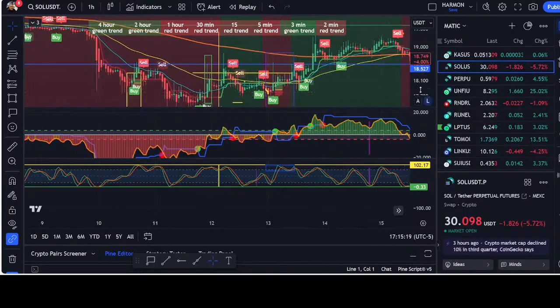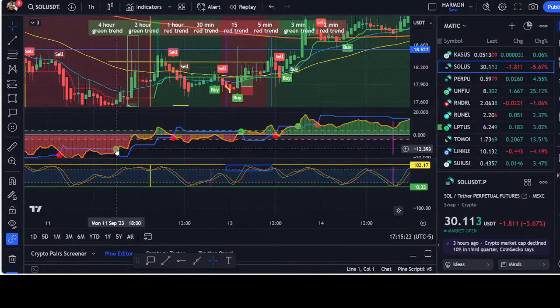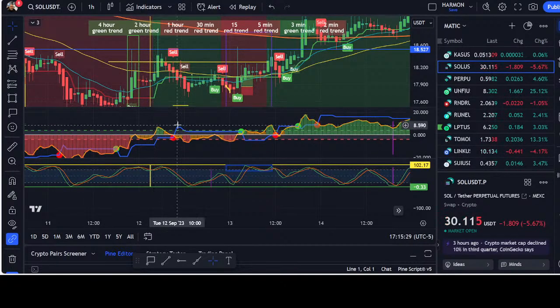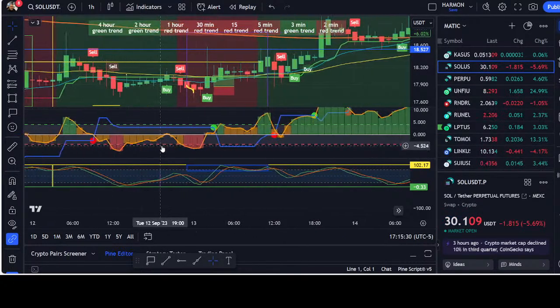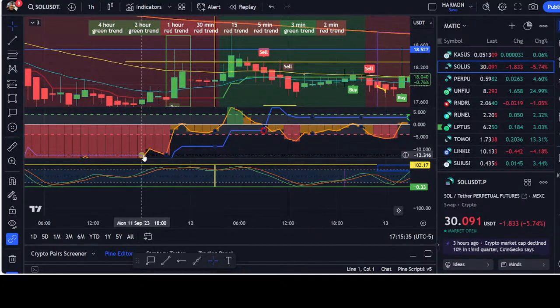The basis of a 1 hour long is that you get a green moon on the 1 hour, followed by a green trend. Confirmation, very easy, is positive volume, okay? So, moon, trend, positive volume. See that?